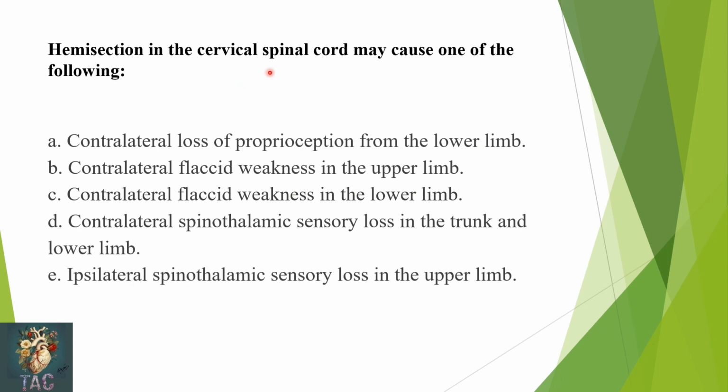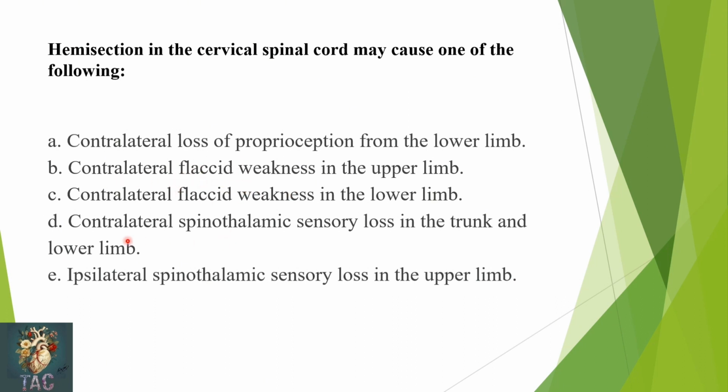Hemisection in the cervical spinal cord may cause one of the following: the contralateral loss of the proprioception from the lower limb. No, this is the ipsilateral loss of the proprioception from the lower limb, because the tract carrying the proprioception runs in the spinal cord ipsilaterally, that is the dorsal column. Then the contralateral flaccid weakness in upper and lower limb. So we all know that the pyramidal system below in the spinal cord is ipsilateral. Again, this is the wrong option.